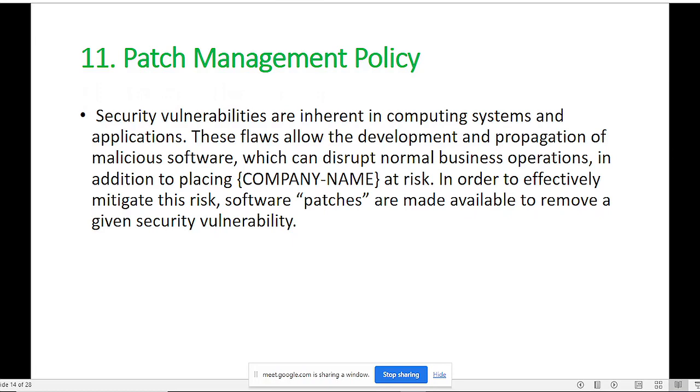Remember, patches are those enhanced or upgraded software, just to ensure that if there are some kinds of weaknesses or loopholes, we can always remove them, right?